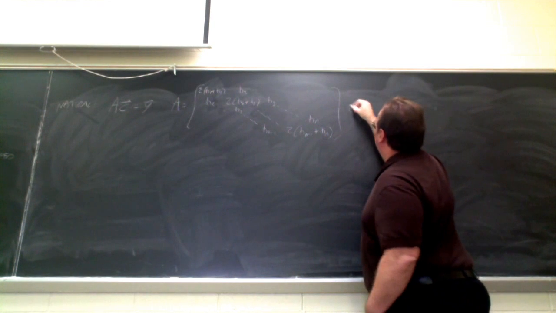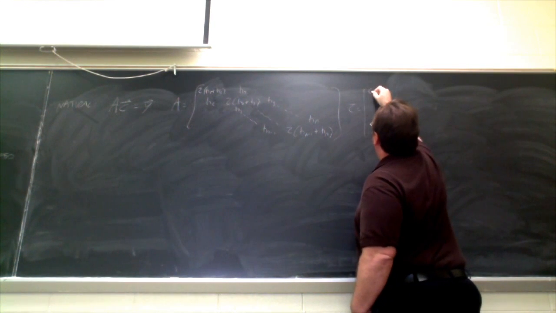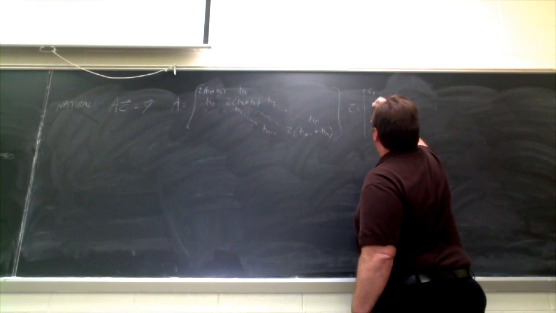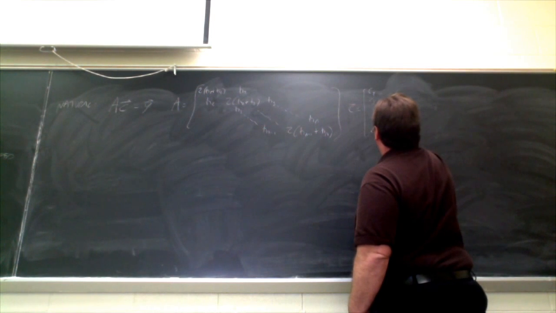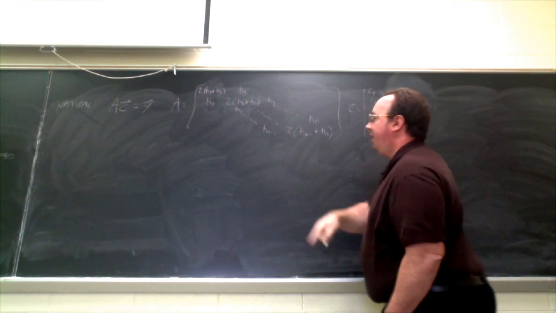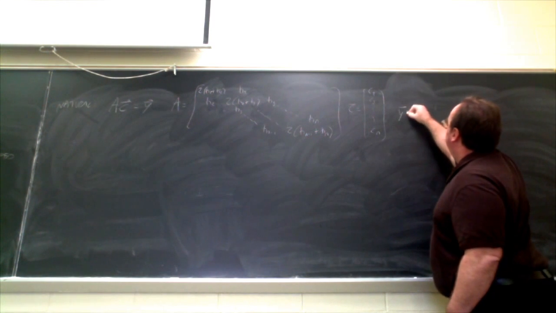Your C vector is C2, C3 down to Cn. Now, those equations involve C1 and C(n+1), but we already know those are 0 due to boundary conditions.